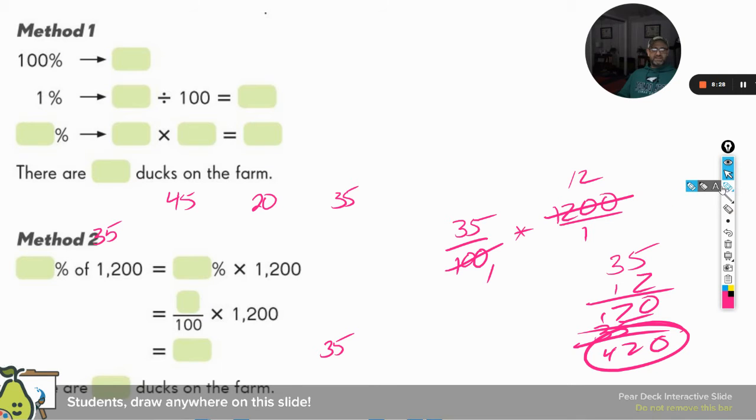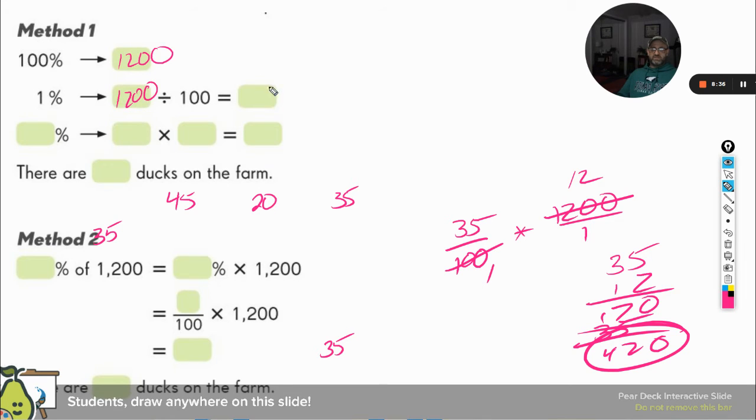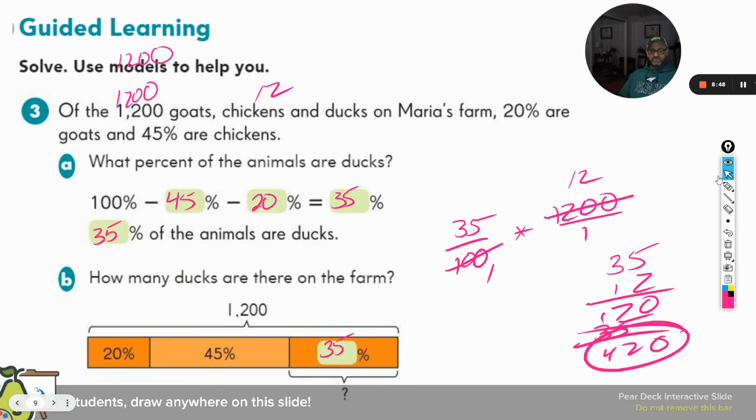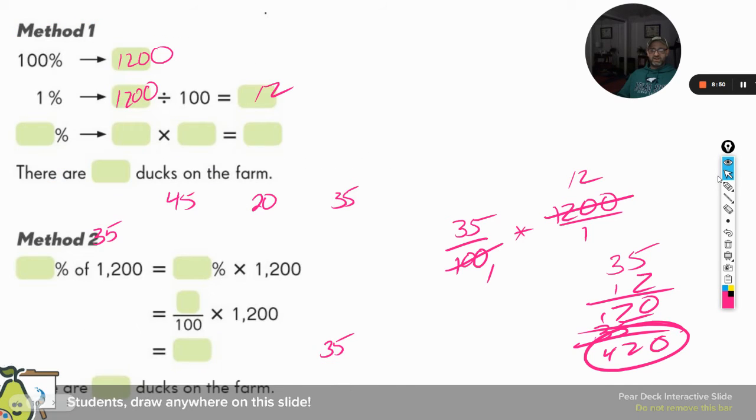Yeah, whatever they did here, 100% is, okay, 1,200. A 1% would be 1,200 divided by 100, or 12. And then, what even percent were ducks? I got so caught up thinking about the farm, I forgot what I was doing. 35% are ducks.